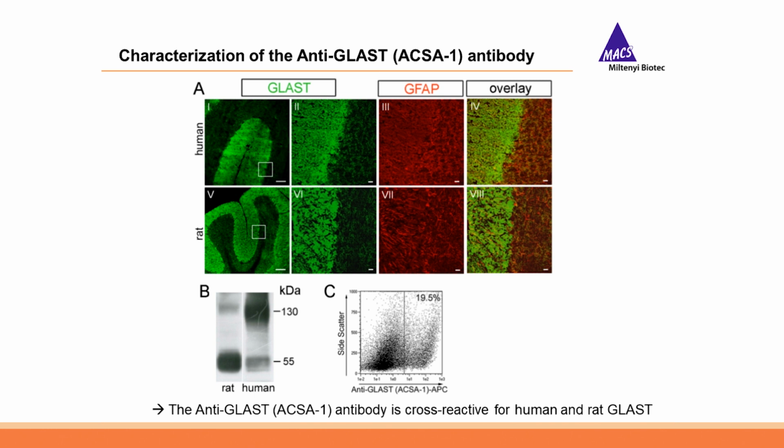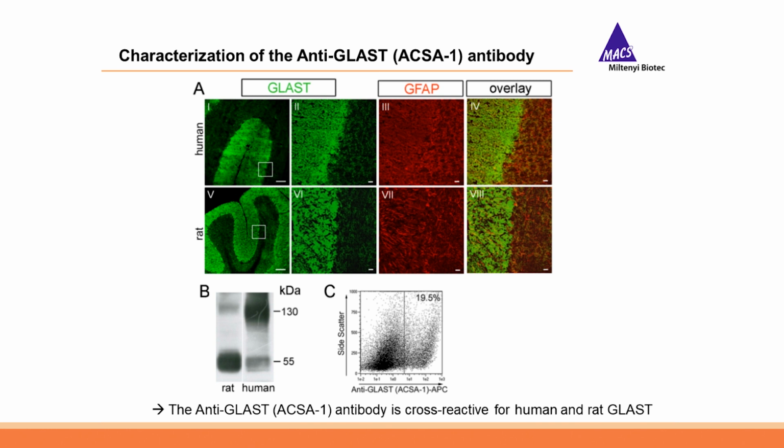And you can see in figure A, the antibody detects the astrocytes in both human and rat brain sections, and it also shows the same staining pattern in the cerebellum as observed in the mouse brain section. So bright staining in the molecular layer and the dimmer staining in the granule cell layer.